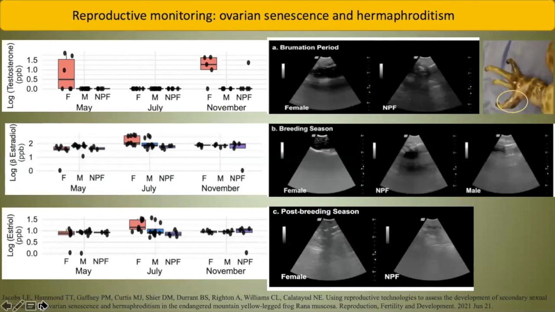The last thing I'm going to talk about is a paper that Leah Jacobs et al. just put out in our recent Reproductive Fertility and Development Amphibian Special Edition. It's a really good short communication on correlating the use of hormonal monitoring in females and males with what we started to observe a few years ago, which was some of our females from the founding population, which were older, about 11 or 12 years old at the time, started developing male characteristics.